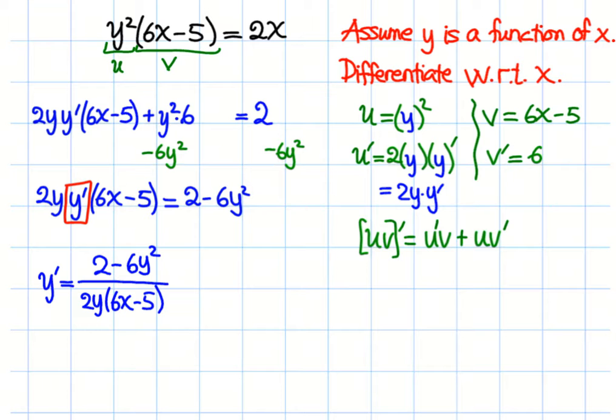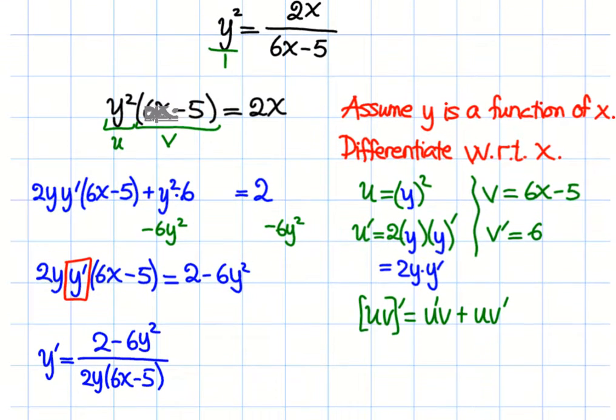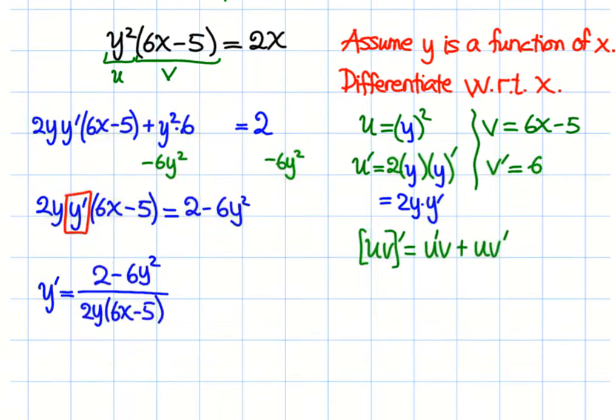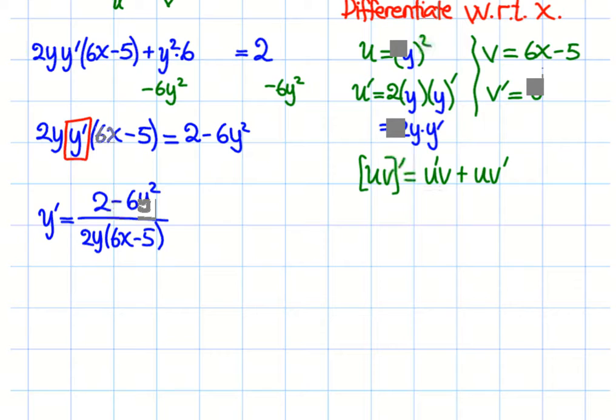Right. Now it's a bit more complicated. We have to substitute y back into this problem. So that's a disadvantage of using implicit differentiation. But we just substitute back in. We don't take any more derivative. 2 minus 6y squared.